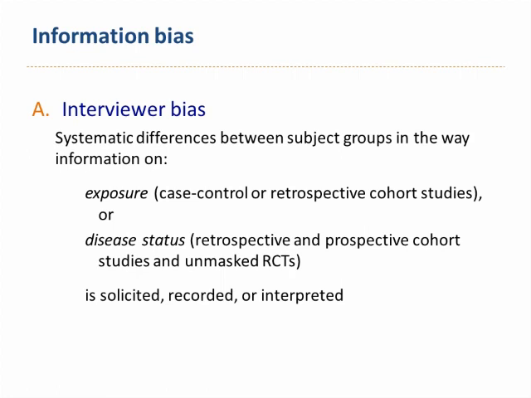Interviewer bias can affect the accuracy of exposure and disease status, and therefore investigators need to be particularly aware of how information is collected, stored, and interpreted to ensure that similar or equivalent strategies are used for all subjects and that there are no systematic differences in the accuracy or collection strategies between cases and controls or exposed and unexposed participants.